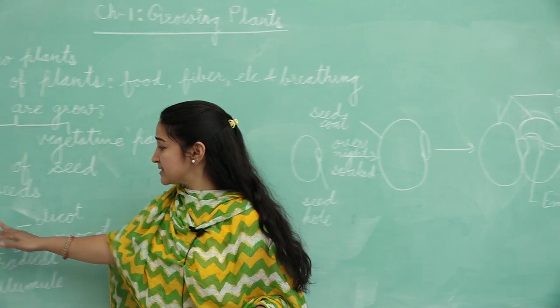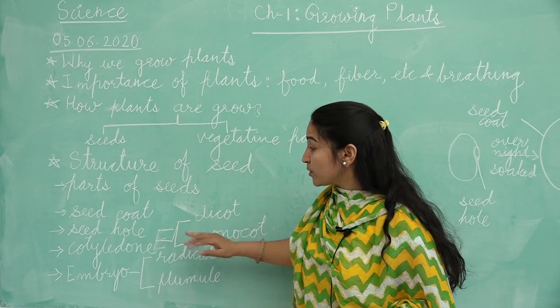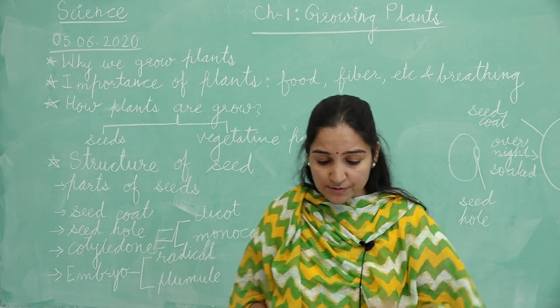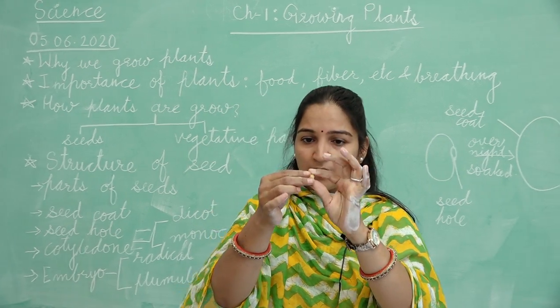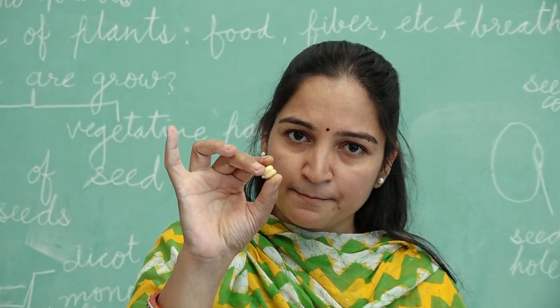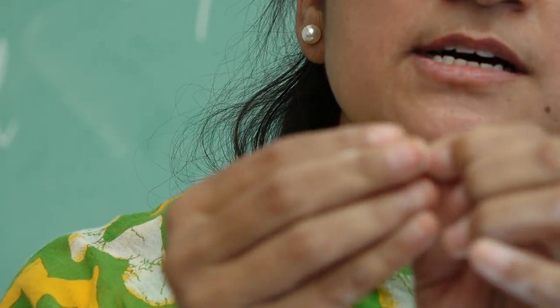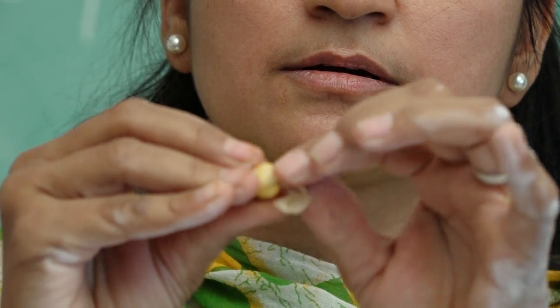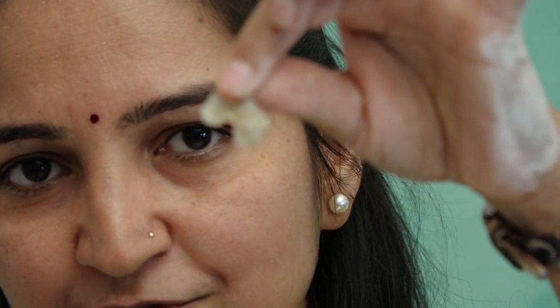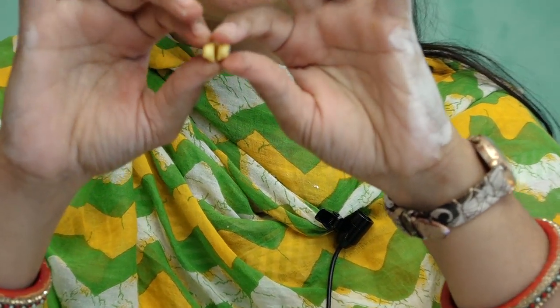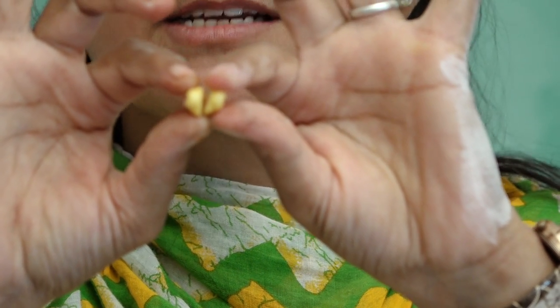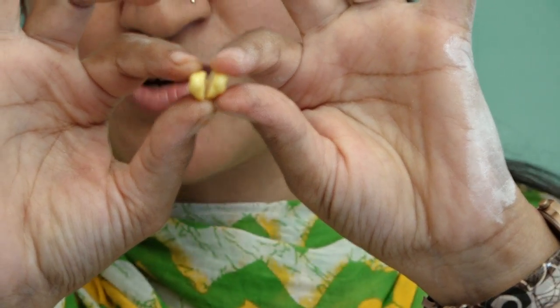Now cotyledons. What are cotyledons? When I soak this gram seed and open it, the seed coat is removed very easily after soaking. Then you can see the two parts of the gram.